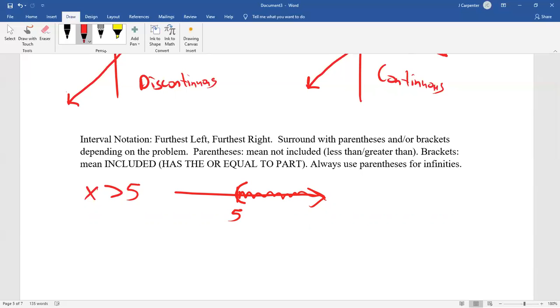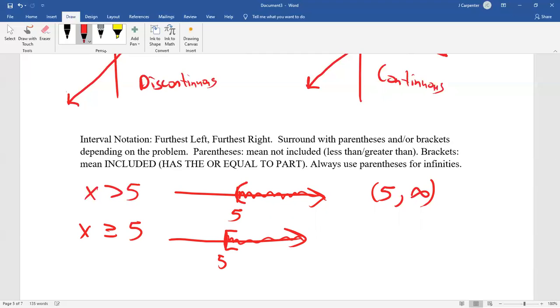So the furthest left we see shaded is 5, so that's the furthest left, comma. The arrow says we go to infinity, so 5, comma, infinity. We always use a parentheses for an infinity, and because this was a greater than, because there was no or equal, we parentheses the 5. But x is greater than or equal to 5 would look very similar, but with a bracket on the 5 because of the or equal. It is included. So that would be bracket 5, comma, infinity.